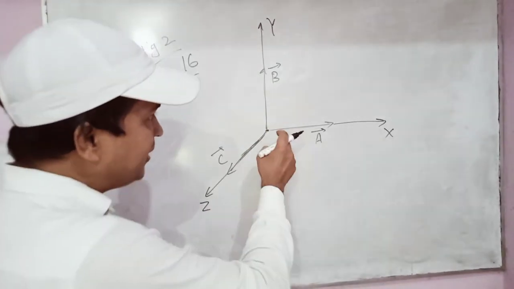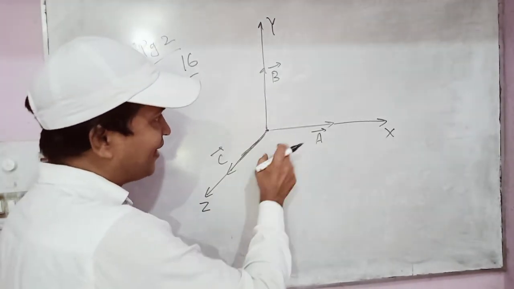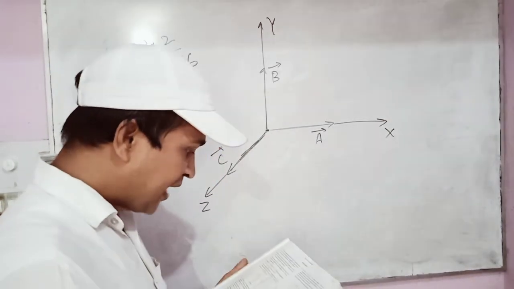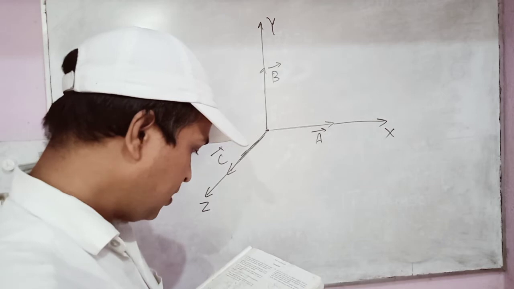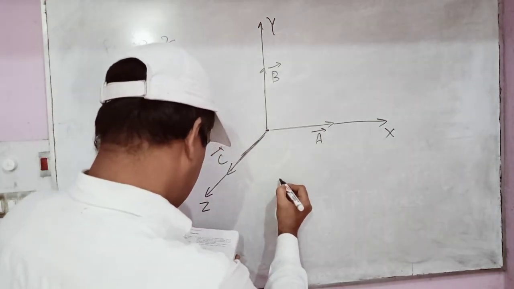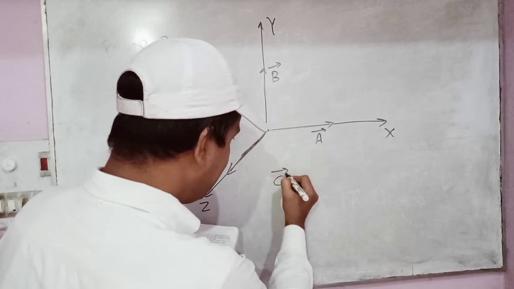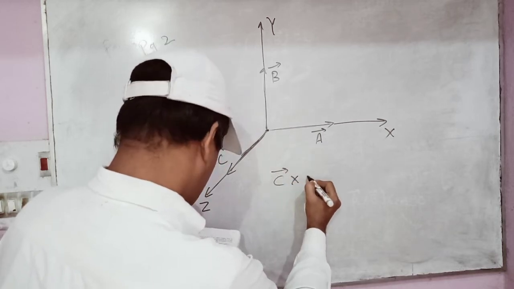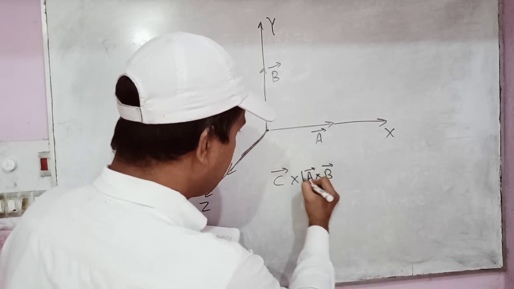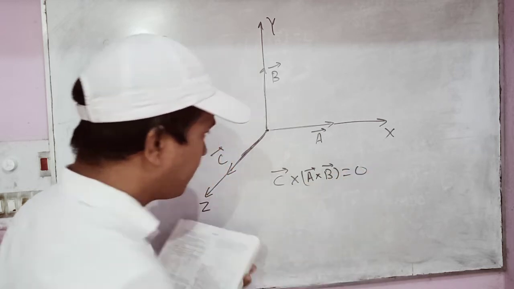So the mutual angle between these three vectors is 90 degrees. We have to prove that vector C dot (vector A cross vector B) is equal to 0.